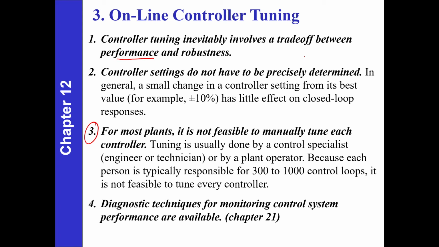There will be 300 to 1000 control loops, and you cannot calculate every KC, every tau I, every tau D for 1000 control loops using tuning relations like previously. That is not possible to do, and people don't do it.